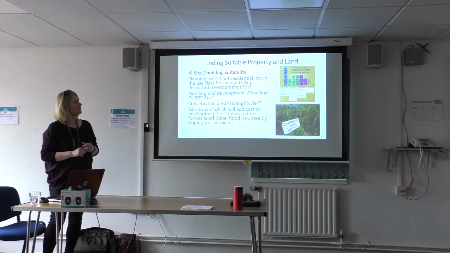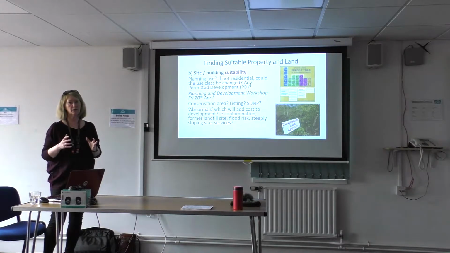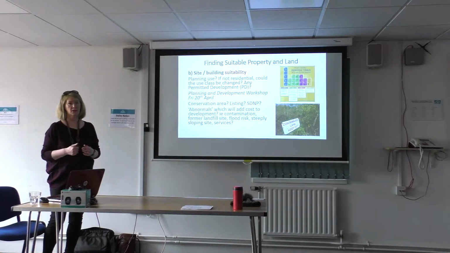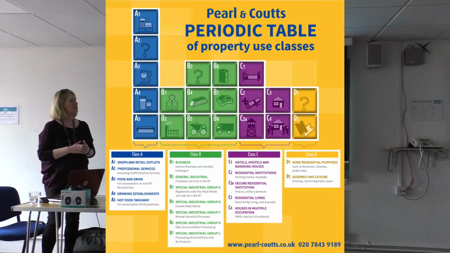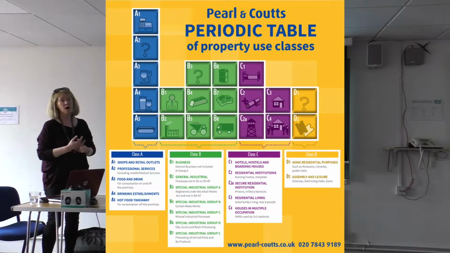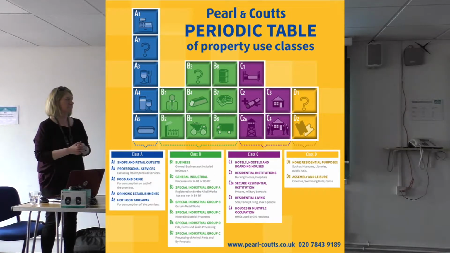So just going into the planning side a bit of suitability, each building and piece of land has a planning use class. And this has already been decided. So in other words, A1, for instance, is shops, retail.